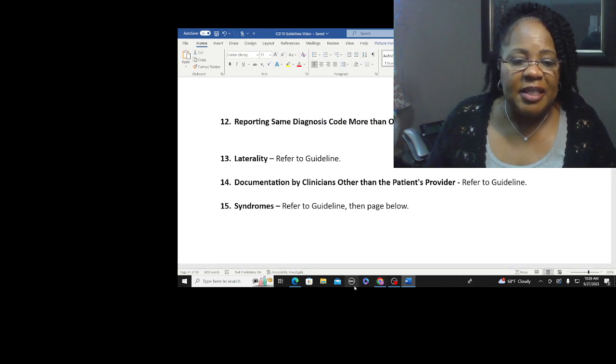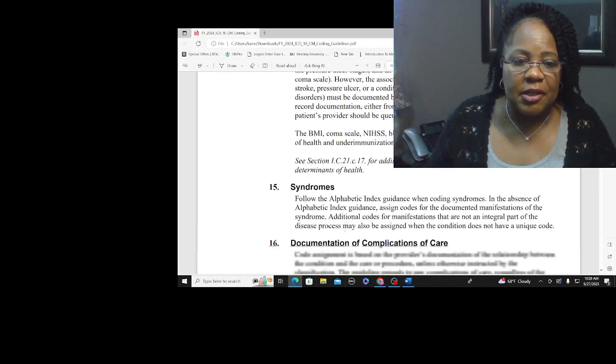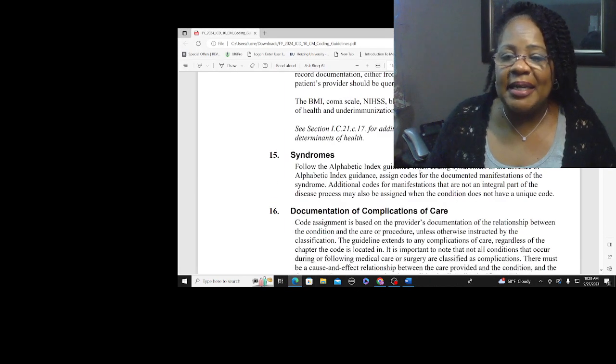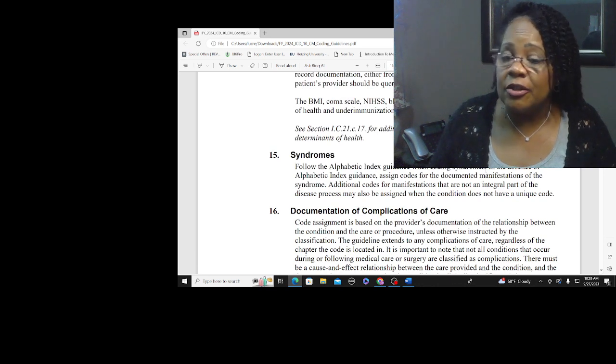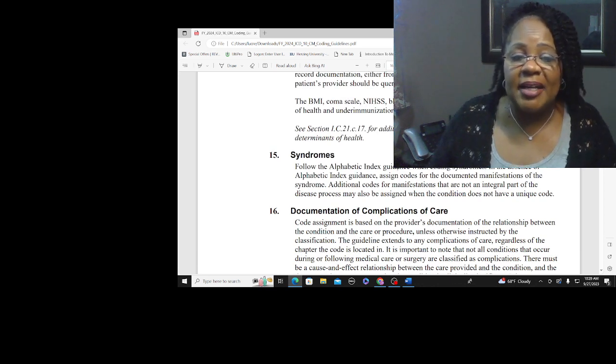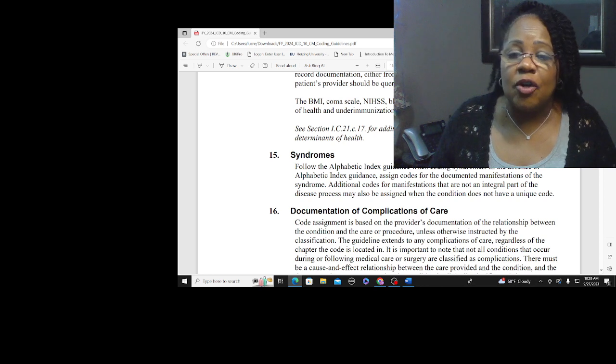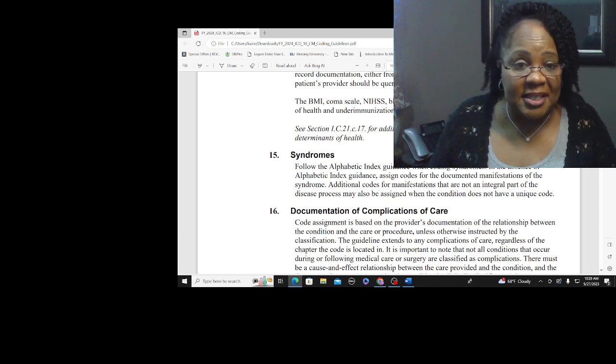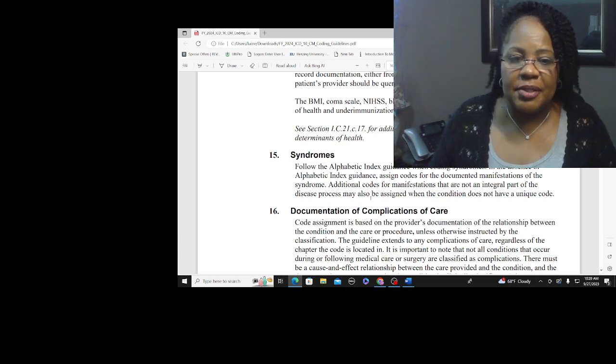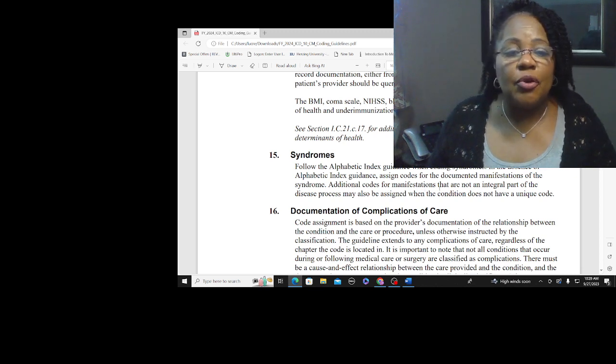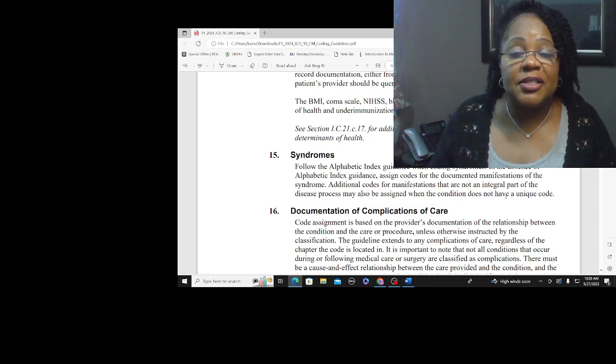All right, now 15 talks about syndromes. Let's look at syndromes. It says follow the alphabetic index guidelines when coding syndromes. In the absence of the alphabetic index guidance, assign codes for the documented manifestations of syndromes. Additional codes for manifestations that are not an integral part of the disease process may also be assigned when the condition does not have a unique code.